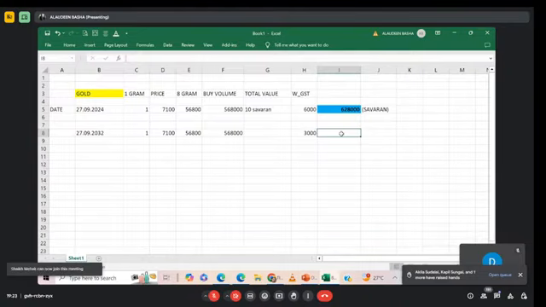It's 30,000. So when you are going to sell the same 10 sovereigns, your original investment is 5,68,000 minus 30,000. 30,000 is your wastage when you sell these 10 sovereigns. So your investment is 6,28,000 on 27/9/2024.